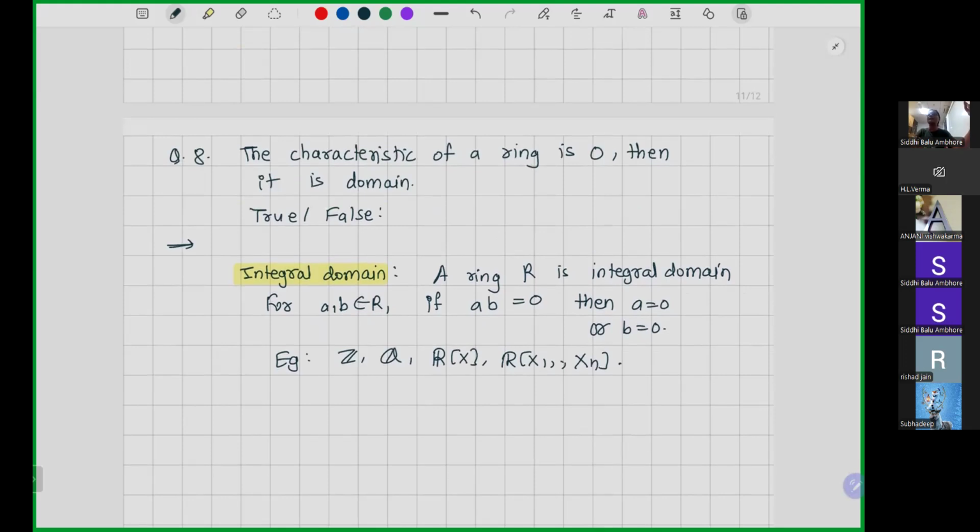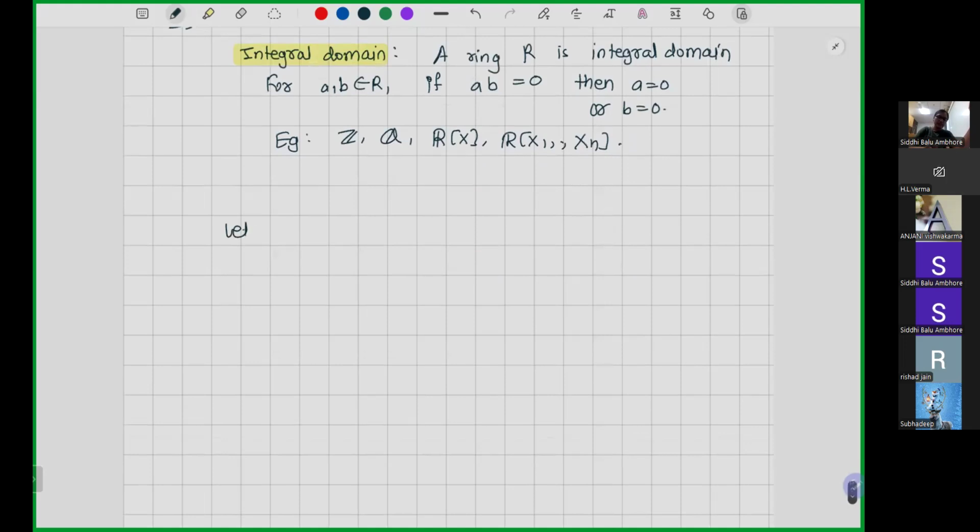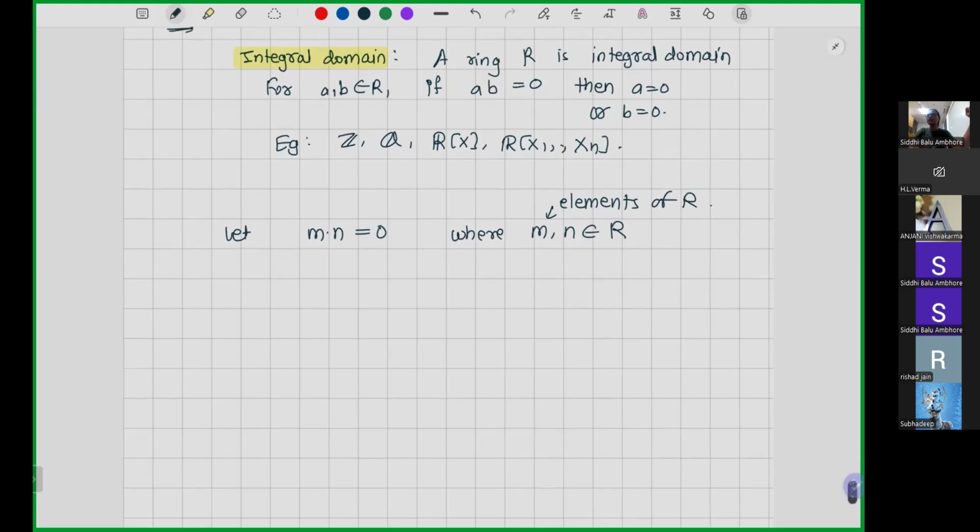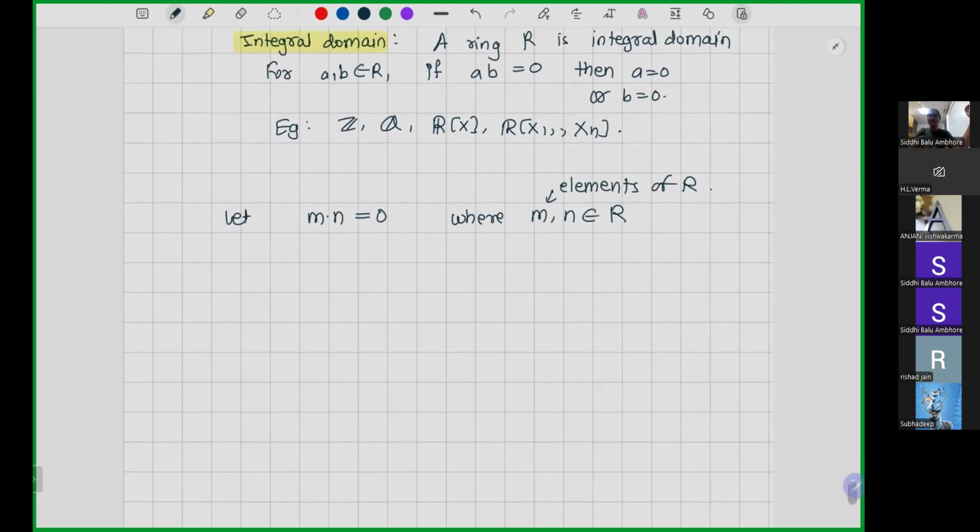So when you write this, let mn be 0, this implies this, where m and n are in this ring R. m and n are elements of R. And then you are saying that mn into 1 is 0, but these m, n are elements of R. This need not even be integers. Now, do you understand what I'm trying to say here?